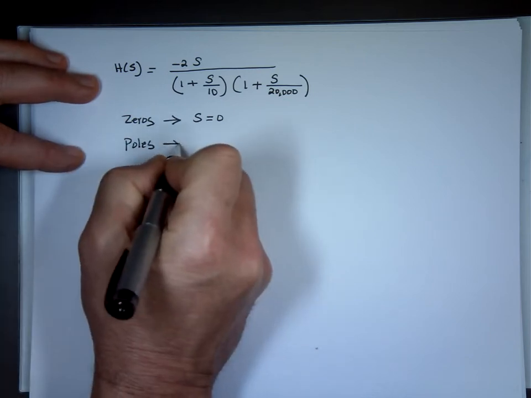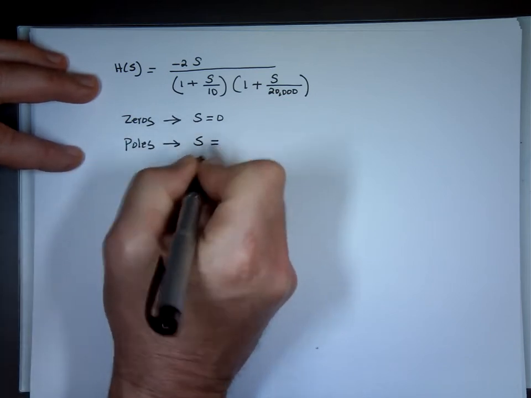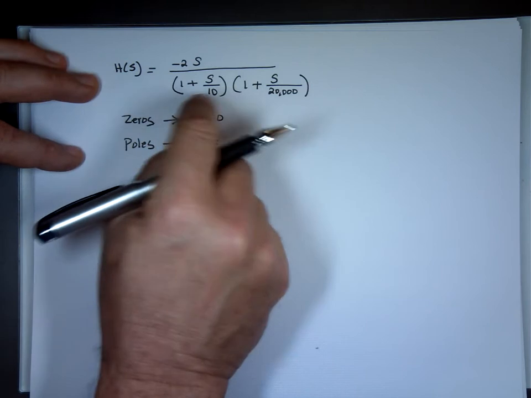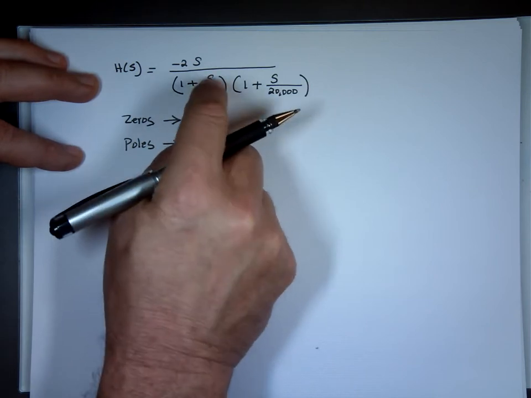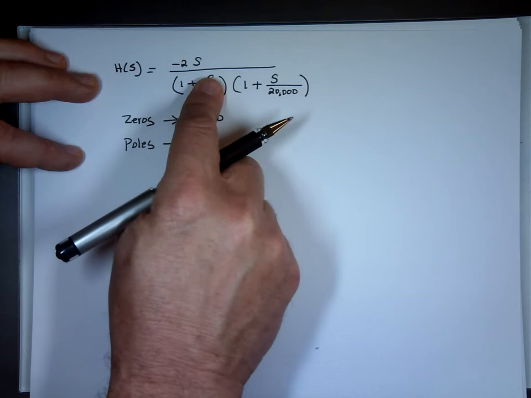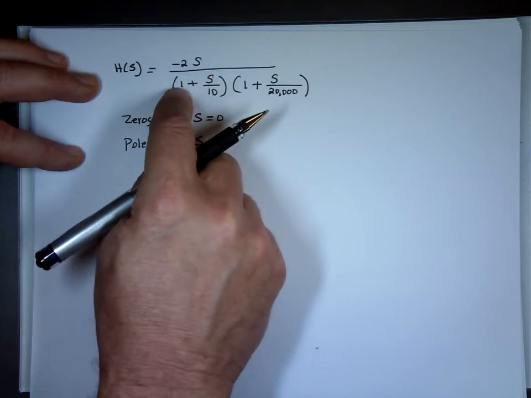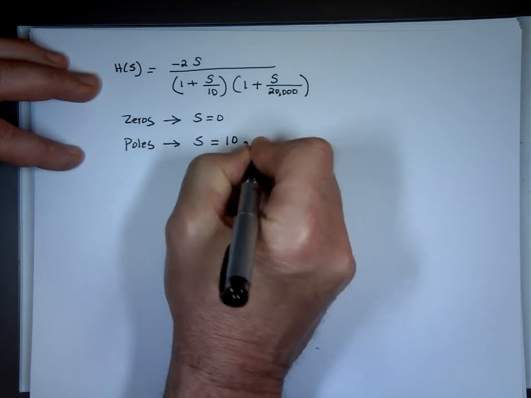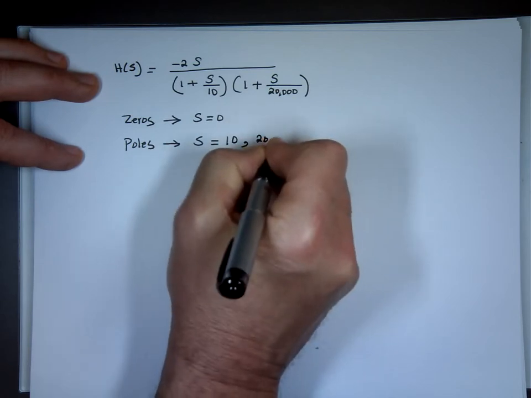I see one of them where? What do you think? Isn't the 10 one of the crucial values? Because if s is less than 10, what will happen to that? This will go to 0. It's not worth adding, it becomes that number. So I have 1 at 10, and I got 1 at 20,000.